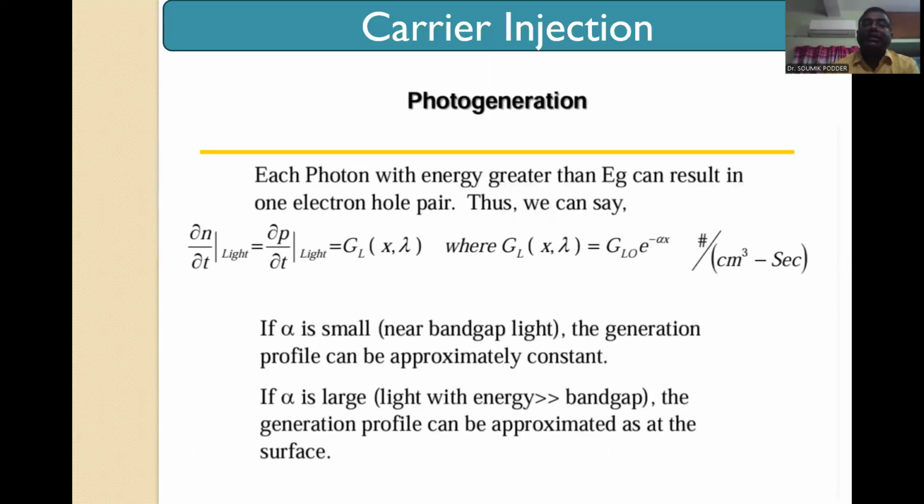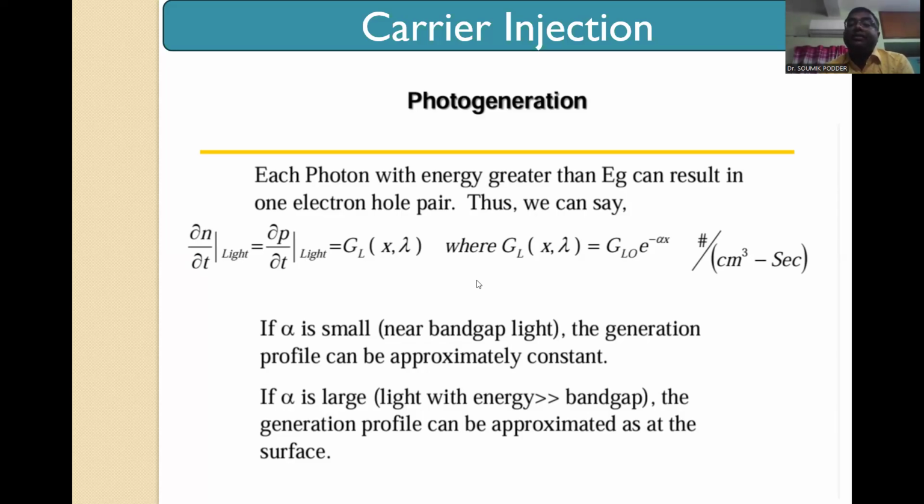Carrier injection. Carrier injection, already covered, is just band-to-band carrier generation, photo generation. So I have taken the photon; each photon with an energy greater than Eg can result in an electron-hole pair. So del n, del t.